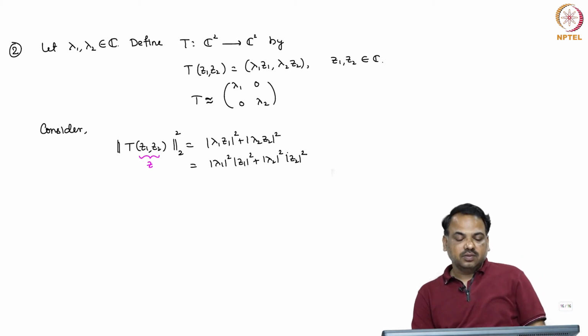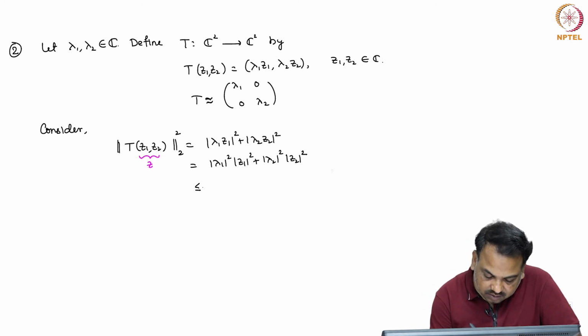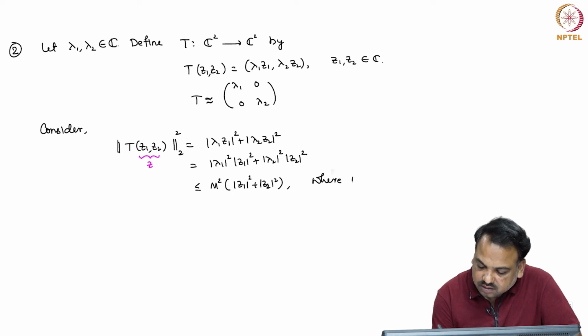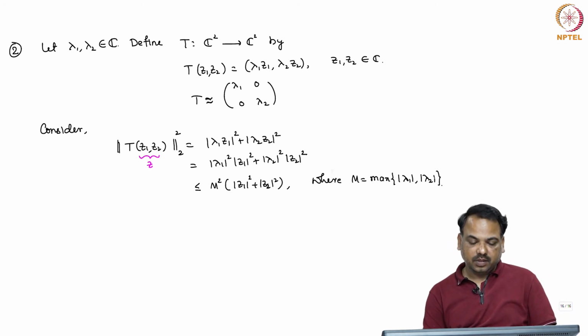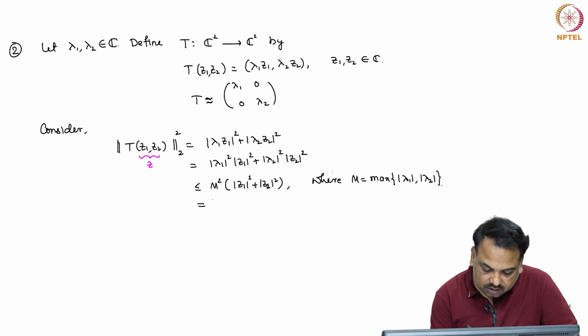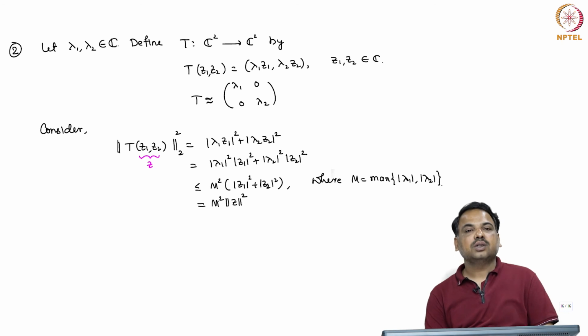Now if you take a number which is the maximum of mod lambda 1 and mod lambda 2, we can say that this is less than or equal to m square into mod z1 square plus mod z2 square, where m is nothing but the maximum of these two numbers, mod lambda 1 and mod lambda 2. So this is nothing but m square into norm z square, where z is z1, z2.